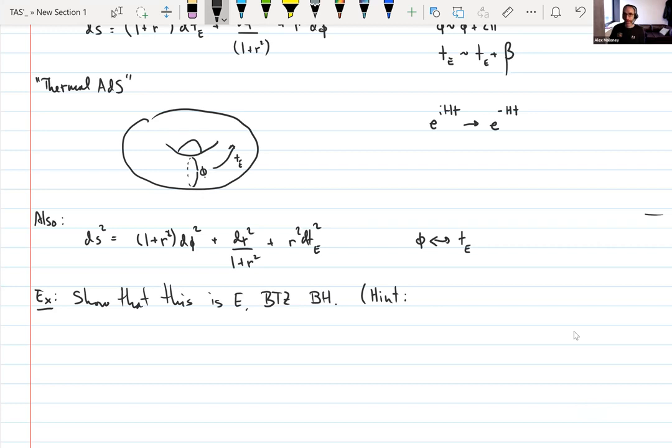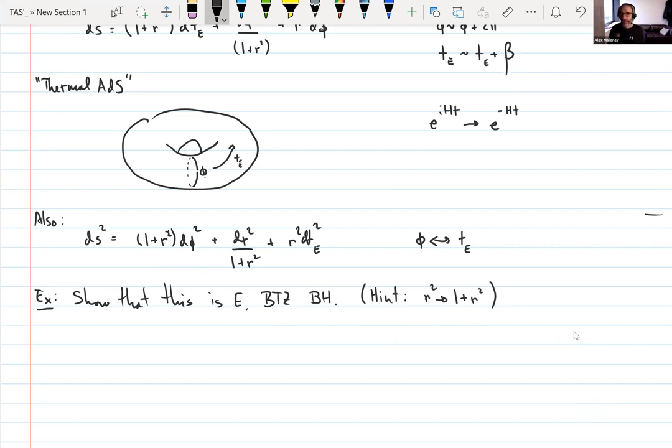Let's just remember that the radial coordinate is supposed to be the coefficient of d phi squared. So that means that you're going to need to do a diffeomorphism where you replace r squared by 1 plus r squared. Do that diffeomorphism, and it's straightforward to check that this is Euclidean BTZ. If you're bored, you could do it right now while I'm lecturing.